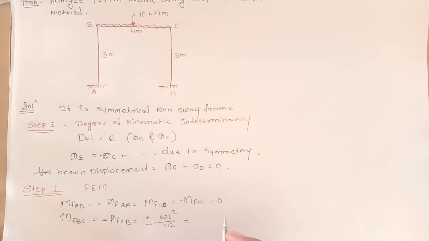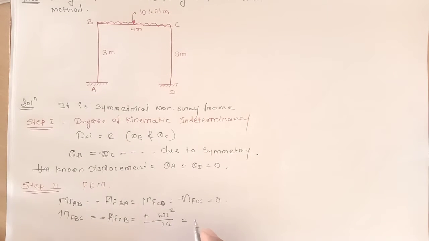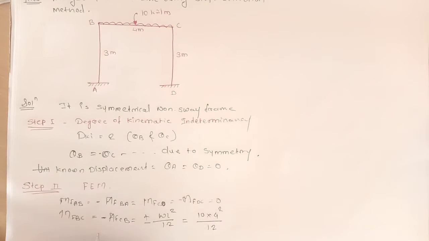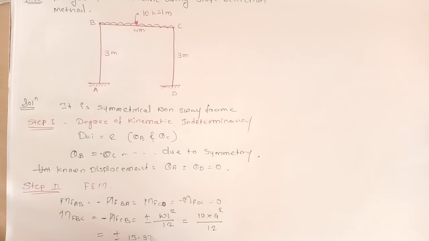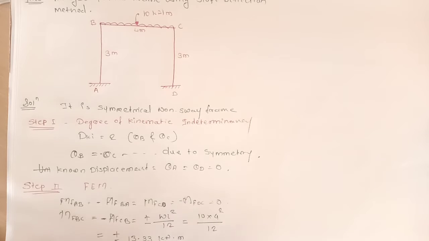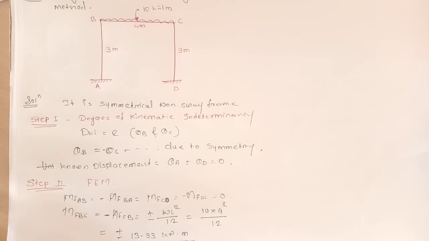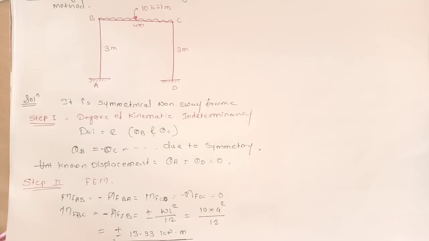W is 10, multiplied by length 4 meter, 4 square divided by 12. So the answer is 10 multiplied by 4 square divided by 12, which is plus or minus 13.33 kilonewton meter. So the fixed end moment for member BC is plus 13.33 kilonewton meter and the fixed end moment for member CB is minus 13.33 kilonewton meter.